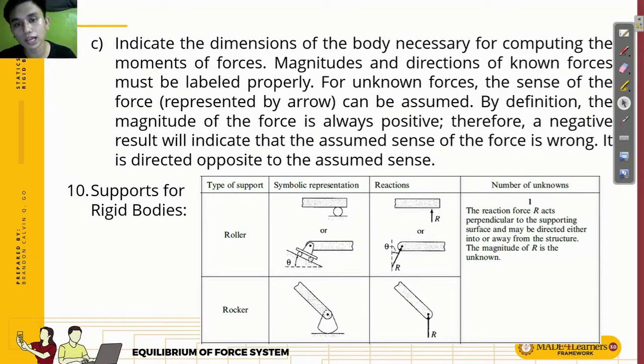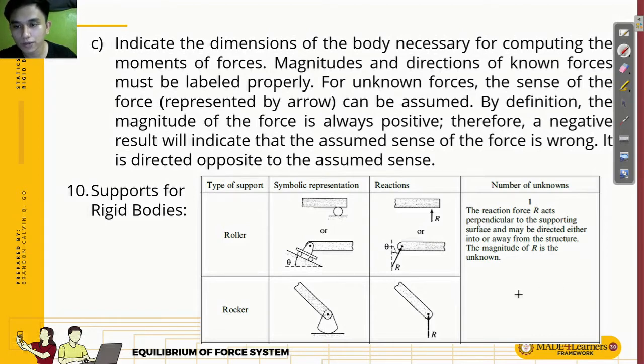If it is inclined, of course the direction of the reaction of the roller also matters. It should be perpendicular to that surface. If the surface is inclined by theta from the horizontal, then the reaction of the roller is also inclined from the vertical.